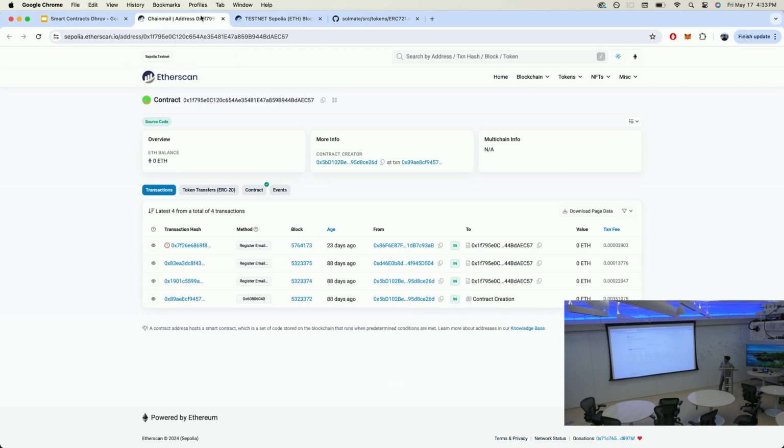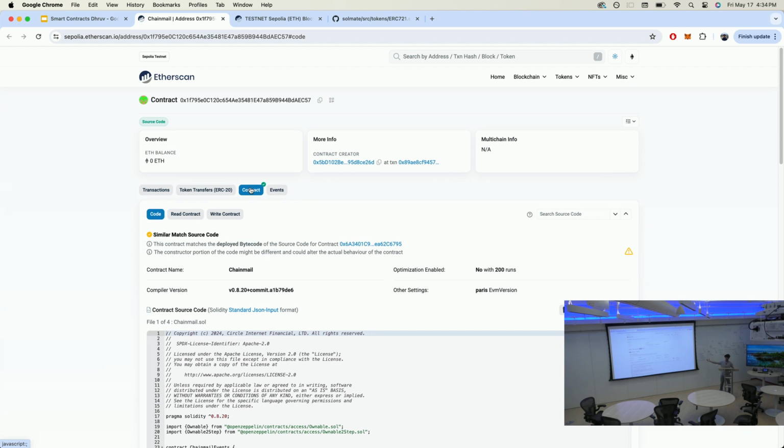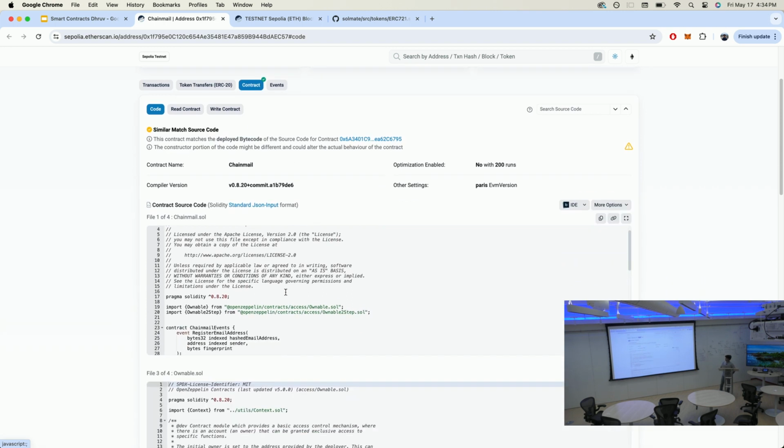And right here, this is an example smart contract someone deployed to the Sepolia testnet, and you can see who created this contract and the balance of the ETH in this contract. You can see transactions with this contract, and then you can actually verify and publish the code here. So that's what this is.